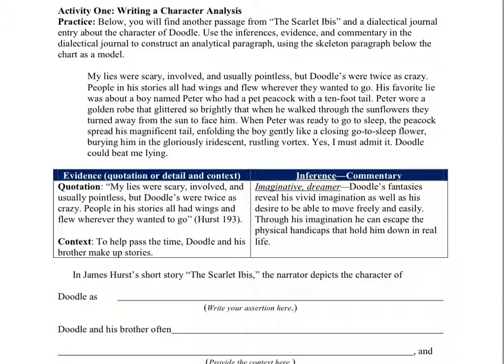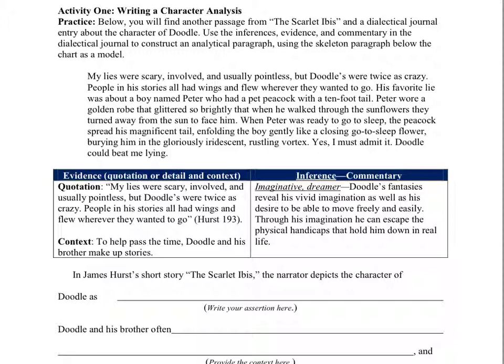Go ahead and pause the video a second to read the paragraph and take a quick look at the dialectical journal entry. At this point, you should have been able to read the paragraph and the journal entry.